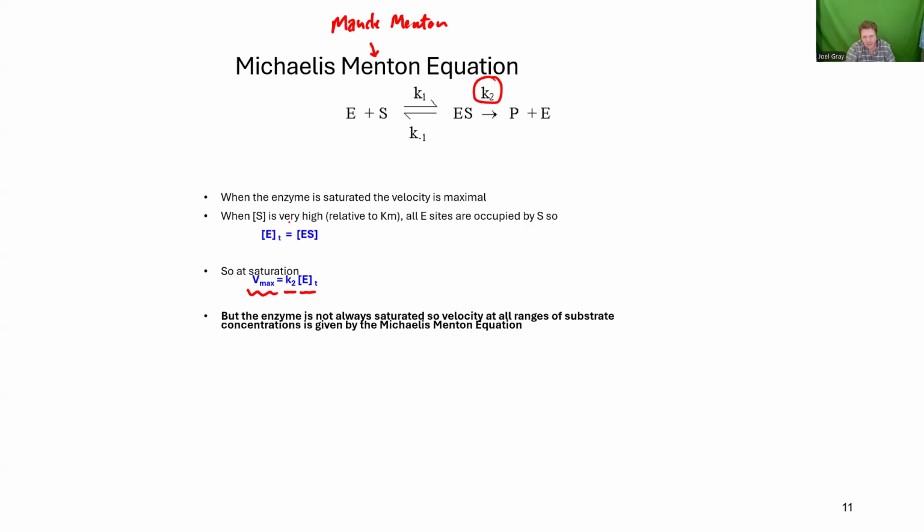Now, the enzyme is not always saturated, so velocity at all ranges of substrate concentration is given by the Michaelis-Menten equation. And that equation looks like this. Sorry, let me fix one thing. My lines got a little bit distorted there. This is always annoying when that happens.